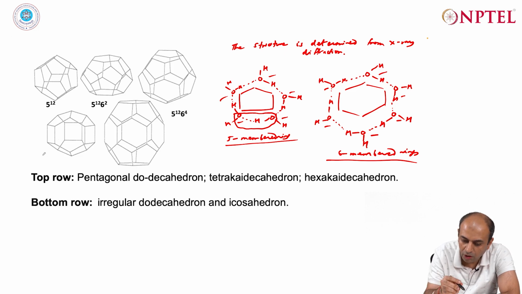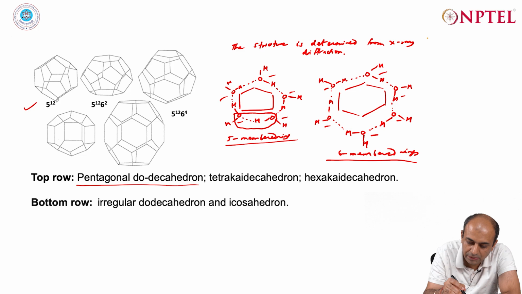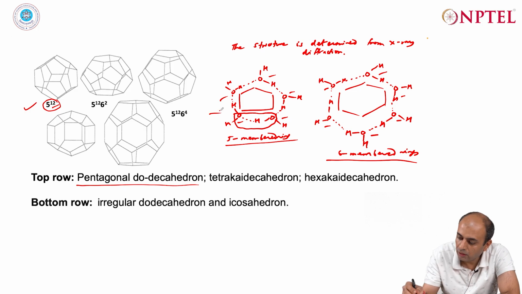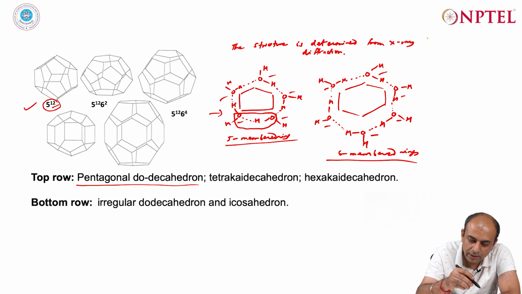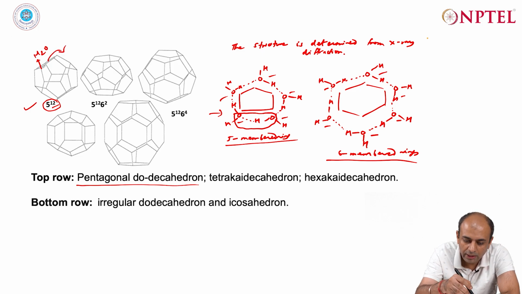For example, the top row here represents, the first figure represents a pentagonal dodecahedron, because it is represented symbolically as 5^12, essentially telling you that there are 12 such 5 membered rings which are fused to form the dodecahedron, and each vertex actually represents the water molecule, and the bond essentially is not a covalent bond. The line which connects the two vertices essentially corresponds to the hydrogen bond.